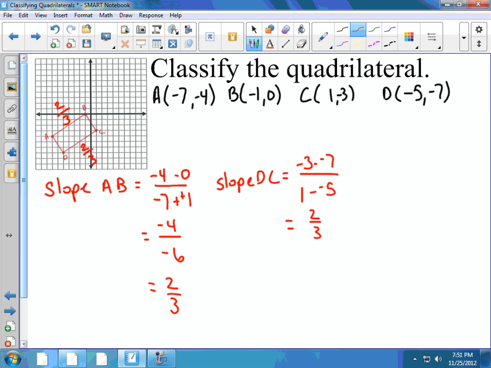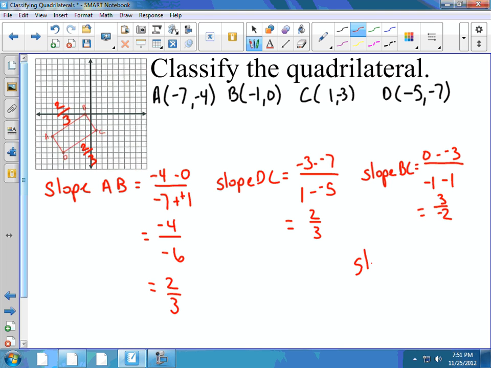All right, so on to our other two sides. Slope of BC, that's going to be 0 minus -3 over -1 minus 1, which gets us 3 over -2.